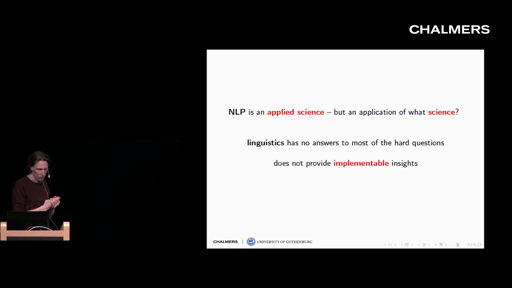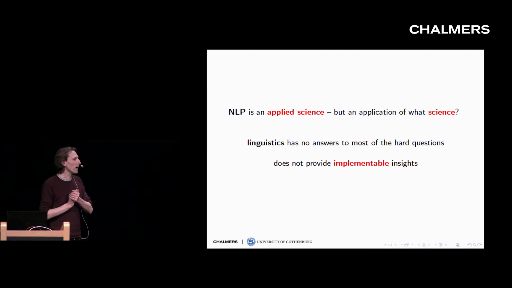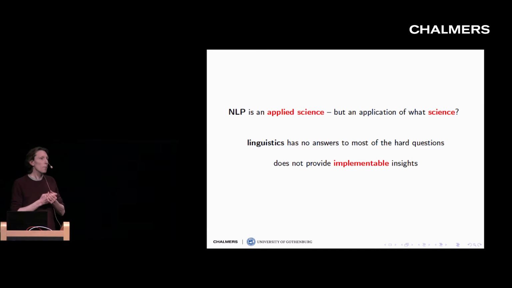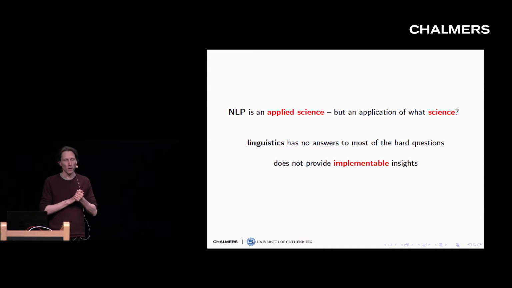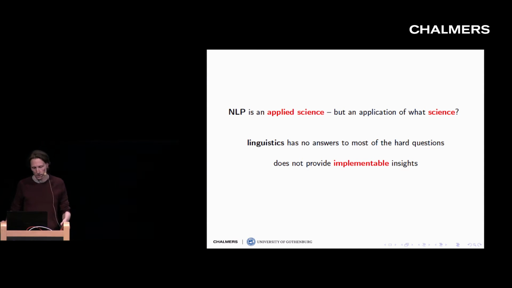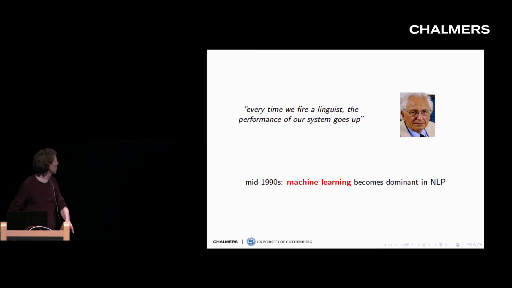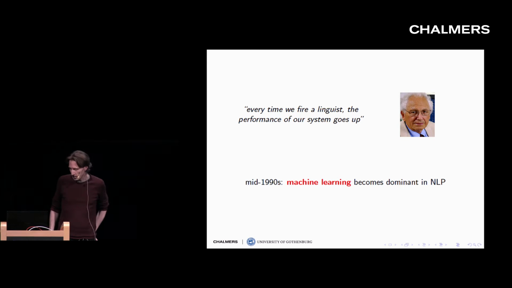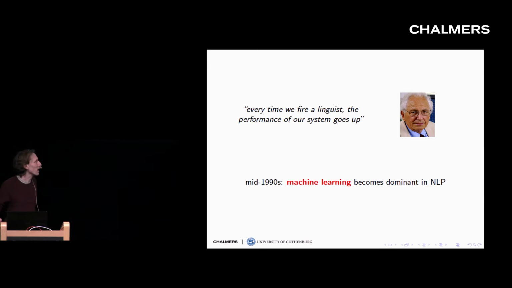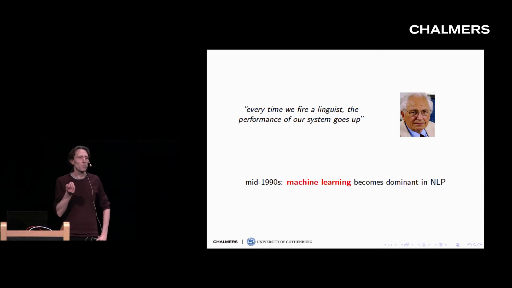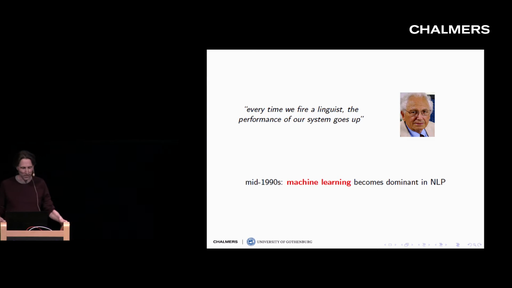So if we trace the development of the field, back in the 80s, language processing systems were implementations of linguistic theory, but it turned out that this was like a house built on sand. It just didn't work well when it met reality. So there's a famous quote by Fred Jelinek that says that every time I fire a linguist, my system starts to work better. And I'm not saying this to bash the field of linguistics. I think it's a real tragedy.